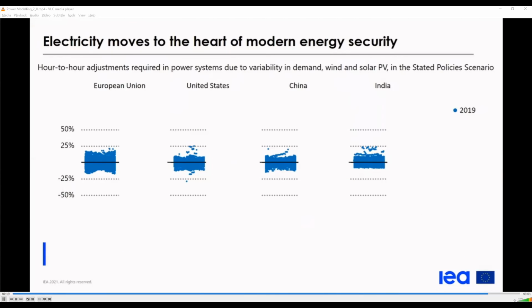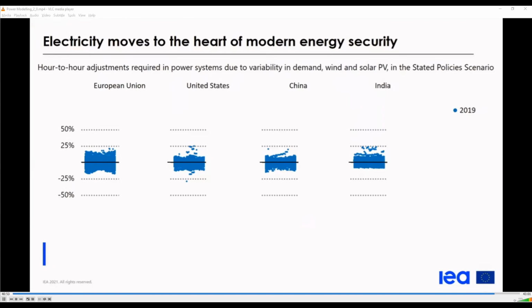Each dot represents an hour of the year. For example, across the entire European Union, a very large upward change in dispatchable output from one hour to the next was needed, about 20%. This happened when demand was rising and both solar and wind power were declining.